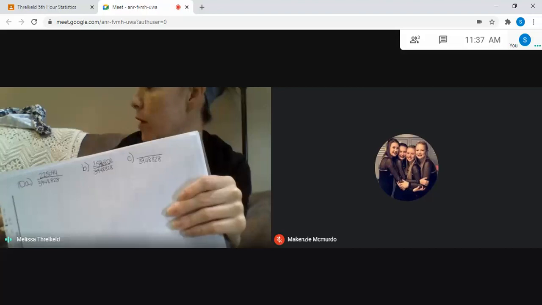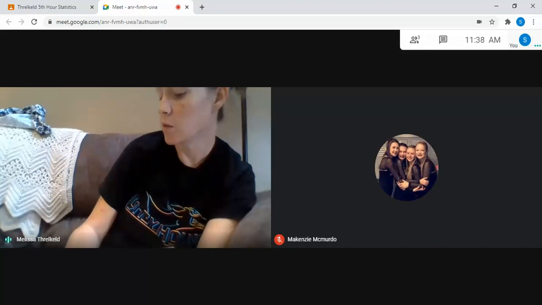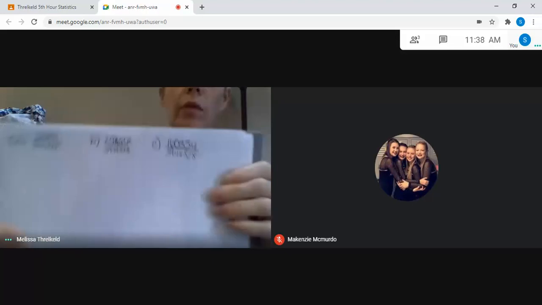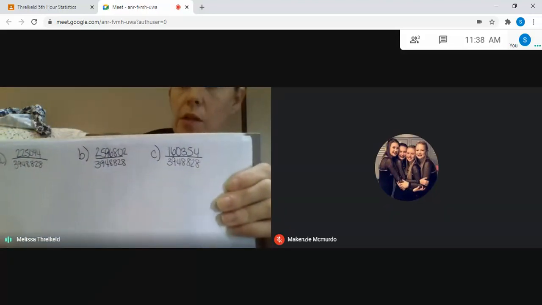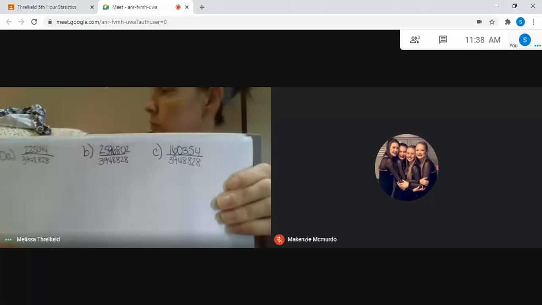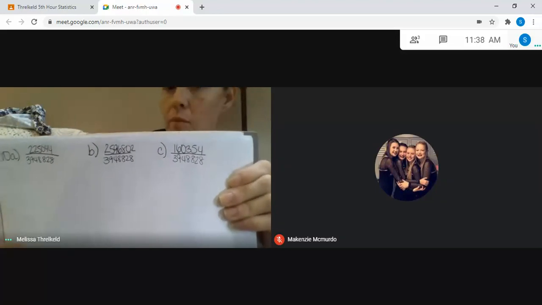So you go to your row 3,000 to 3,999, the column post-term, and where those two meet, the number there is 160,354. And so then you divide those two. Okay.